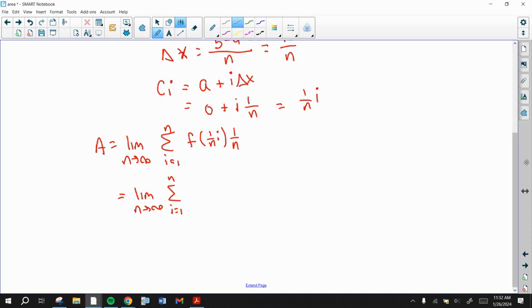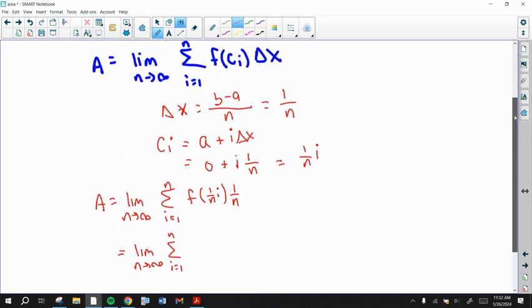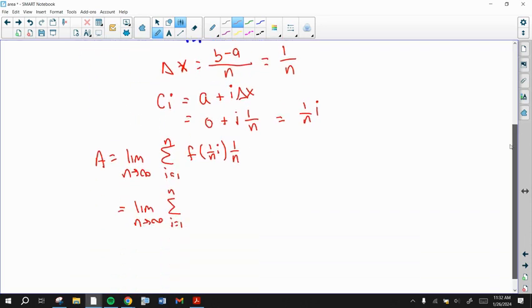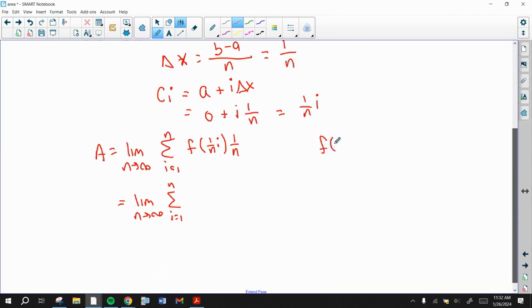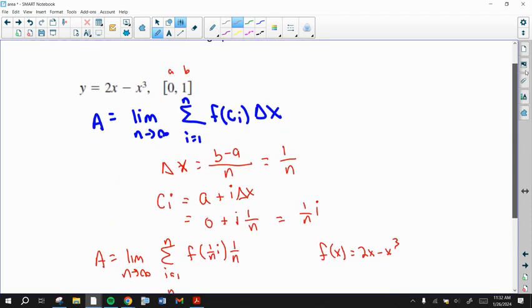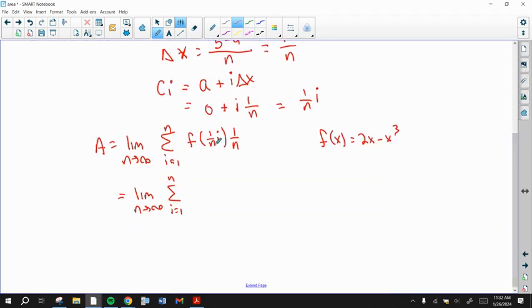Well, the function f is 2x minus x cubed. That's what we're trying to find the area under. So f of 1 over n times i, you're just going to replace those x's with 1 over n times i.